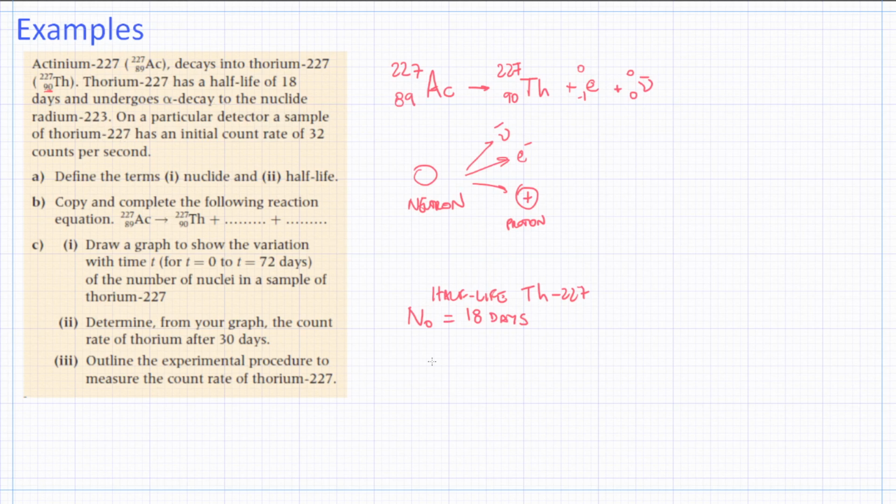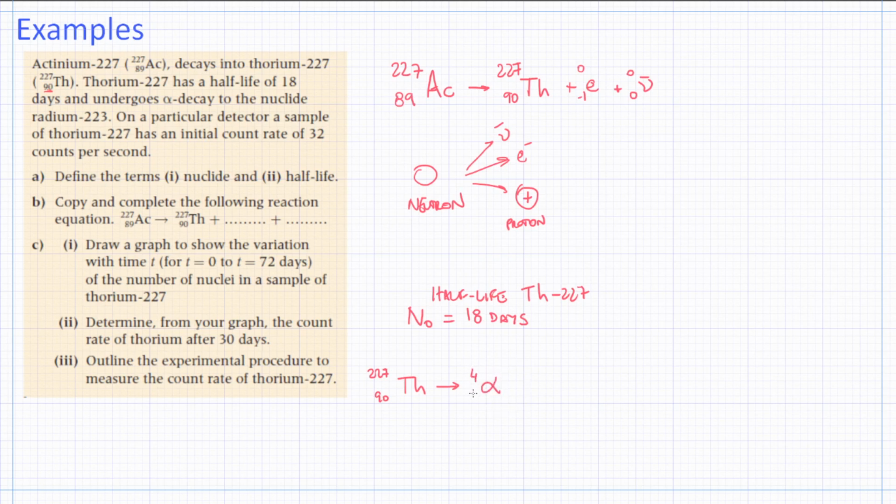So let's also write this equation. So we would have thorium-227, atomic number 90, and it's alpha decay. So we're going to have a helium nucleus, okay? Usually I just put alpha, right?